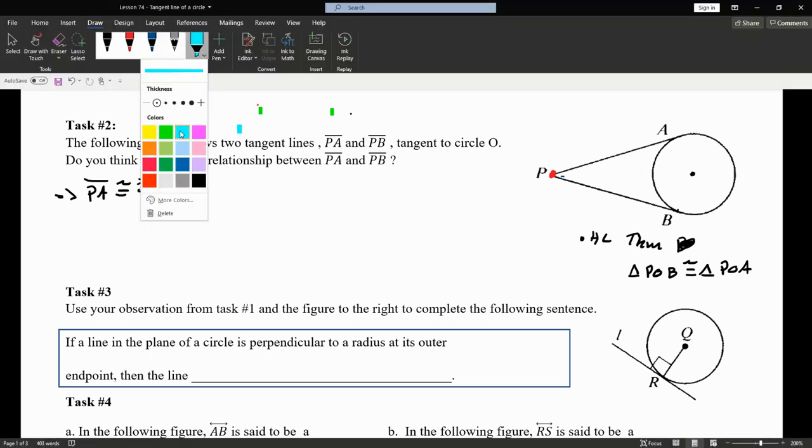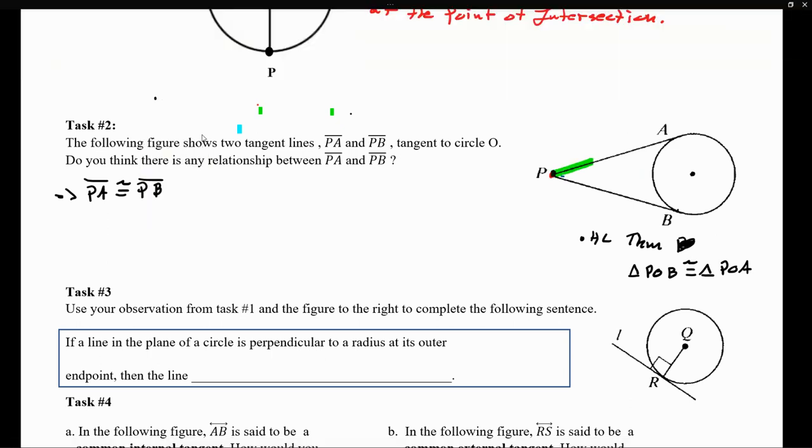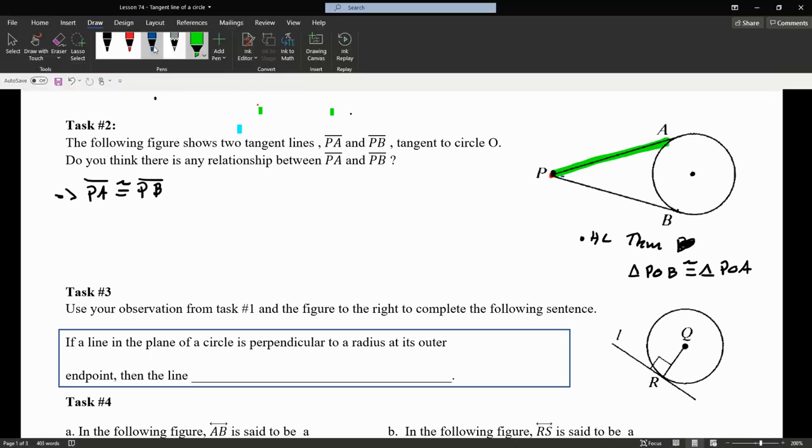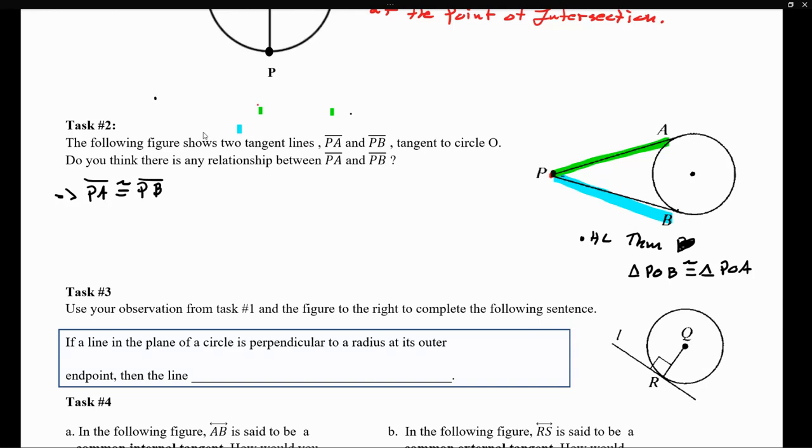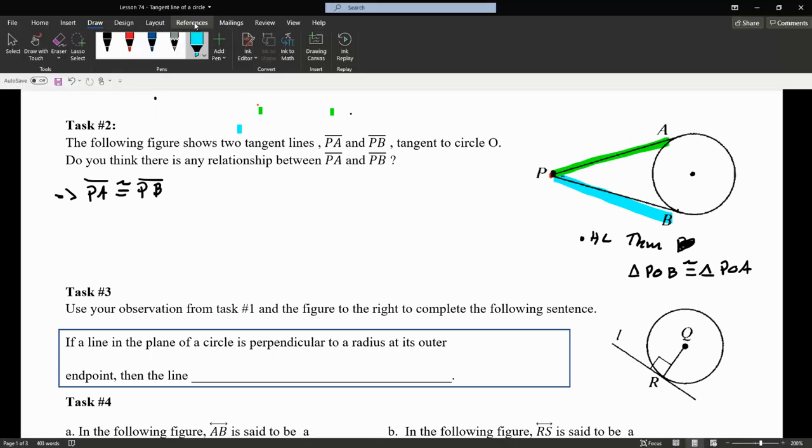Given two tangent lines, which in this case are PA and PB, and if those two tangent lines intersect at a point, which in this case is point P, then those line segments will always be congruent.